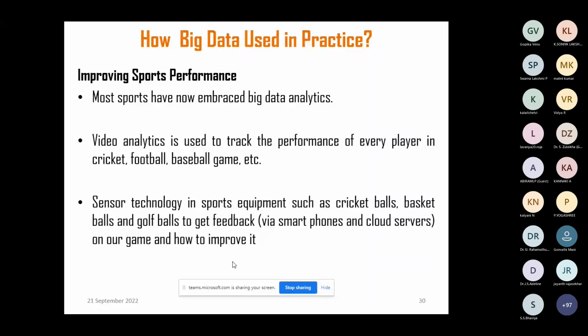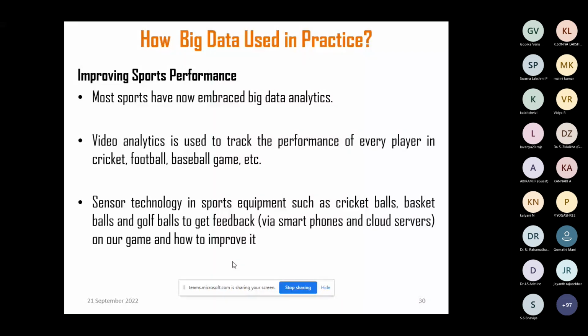Earlier, in cricket, they had not incorporated much technology. Nowadays they can understand very precisely and make decisions.